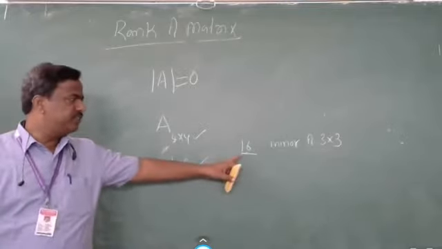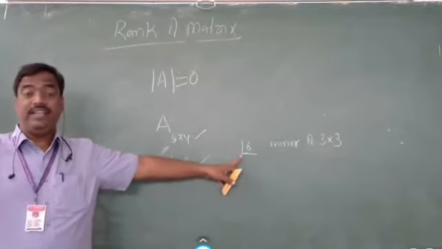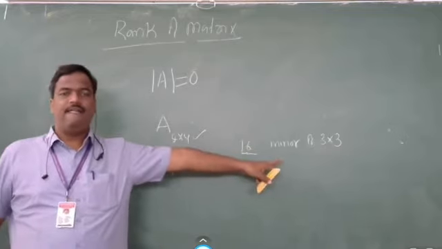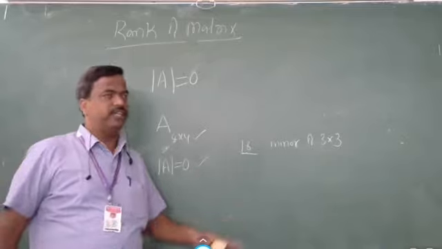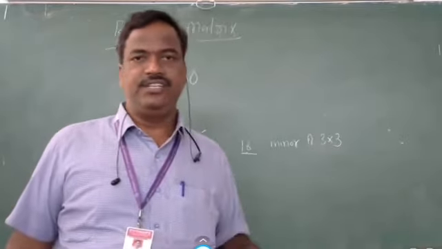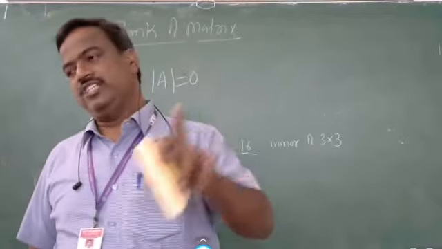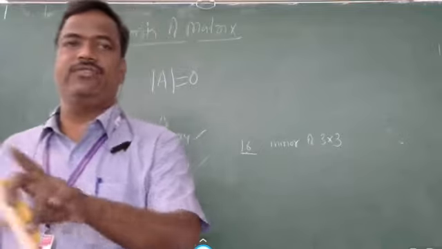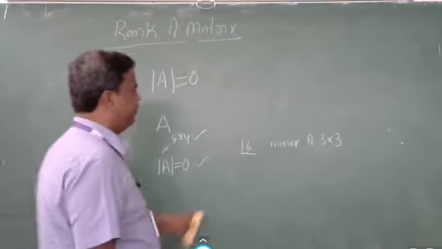The condition is at least one minor is not equal to 0. Suppose you have taken the first element, A11 element minor, that is 0. Then you next choose A12, A13, A14, like that. All 16 you need to check.